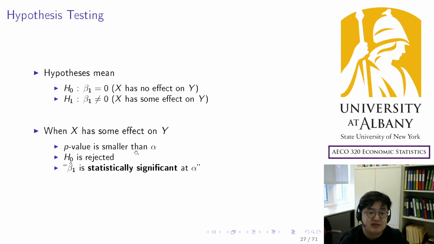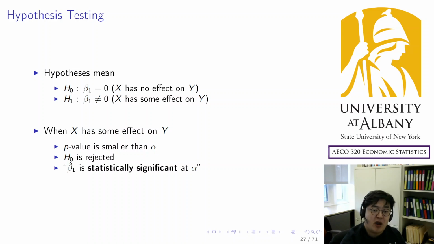The answer is yes. Okay, so that means your hypothesis says that X has no effect on Y. Like when beta 1 is 0, an increase in X does not change Y. So that means X does not explain Y at all. Y is not determined by X, right? So in some sense, this means that your regression model is useless.